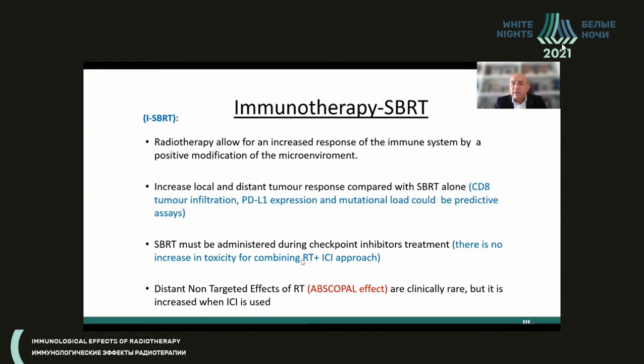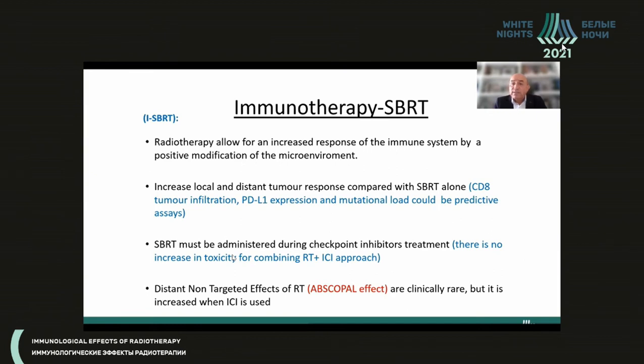The combination increases local and distant tumor response compared with SBRT alone, with a higher CD8 tumor infiltration, PD-L1 expression, and mutational load that could be predictive. SBRT can be administered during checkpoint inhibitors treatment because it has been tested that there is no increase in toxicity from combining both techniques.